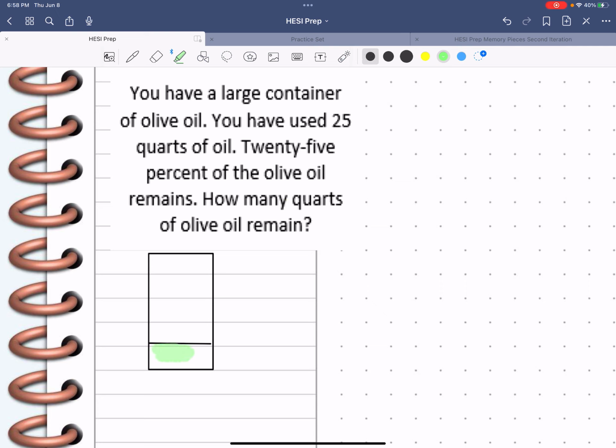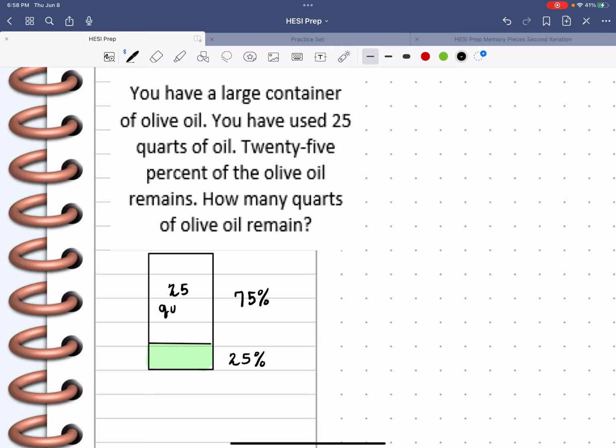So we still have a quarter, 25% of the oil that was in here to begin with. Okay. That means that 75% of the oil has been used. And it tells us that we have used 25 quarts.